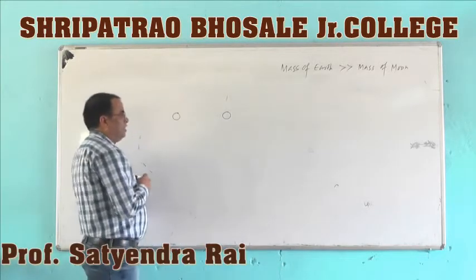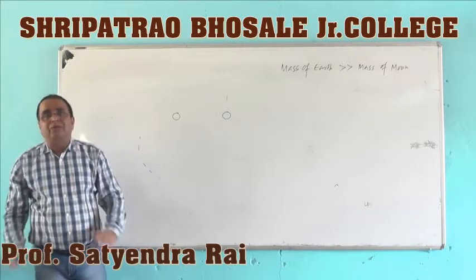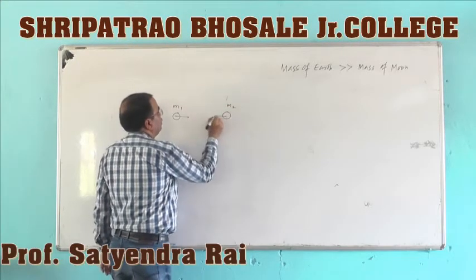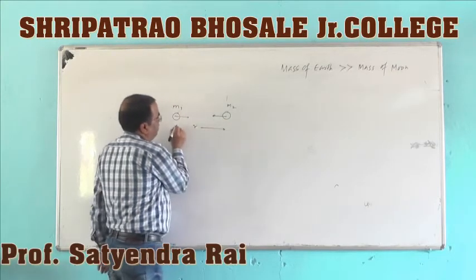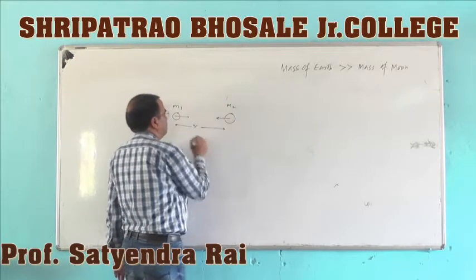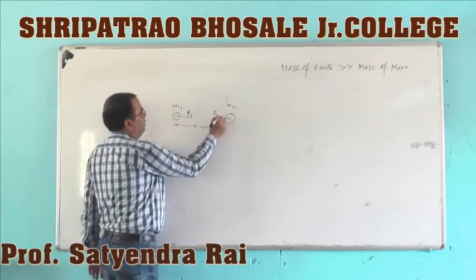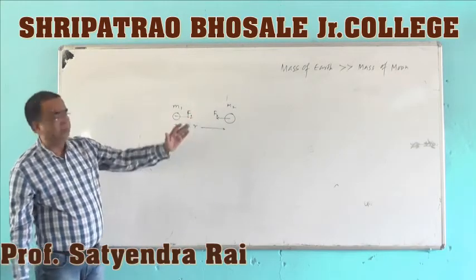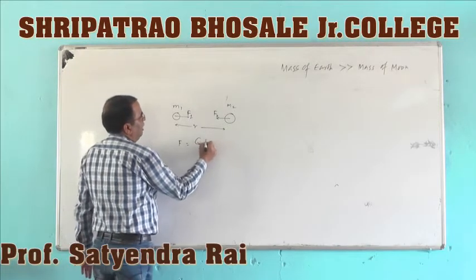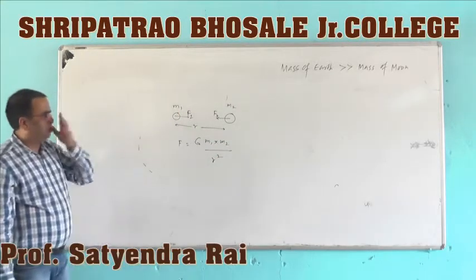Newton noticed that yes, there is a common law of nature for whatever be the mass of the interacting bodies, say mass m1 and mass m2, separated by distance r. They will interact with each other, and the forces are equal. This is the force F1 acting on M1, this is the force F2. Newton expressed, as in the case of the moon, that F1 equals F2, say F is equal to G M1 into M2 upon R square. That is the expression for this.